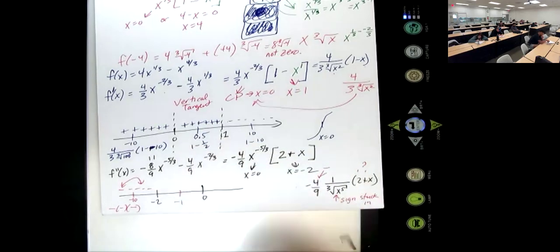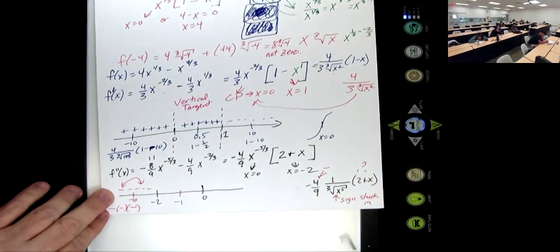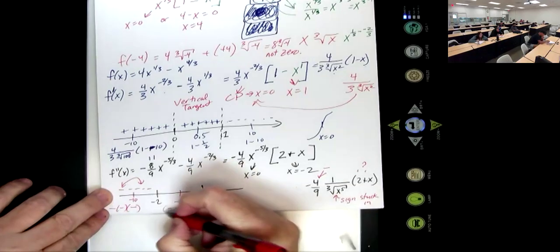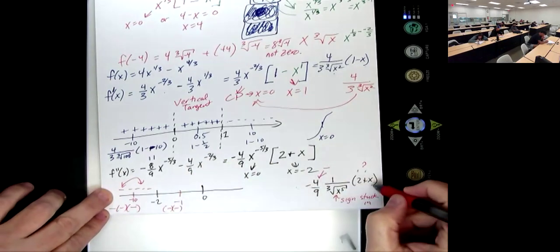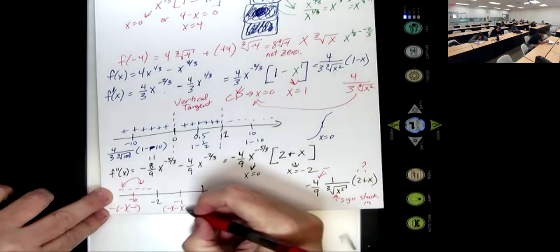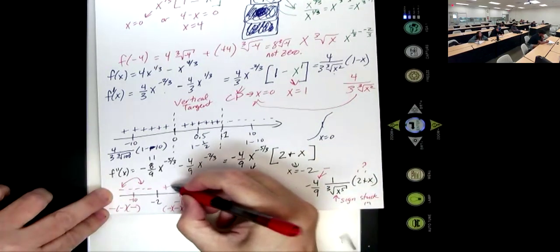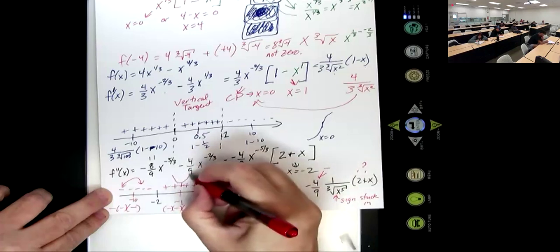I stick in -1. Again, negative. But 2 minus 1 is positive. So that becomes a positive region, or concave up.